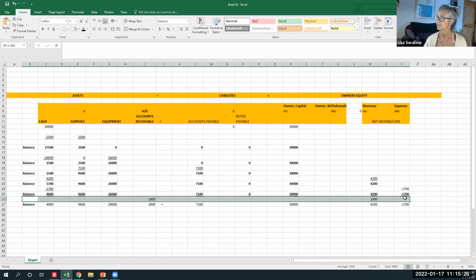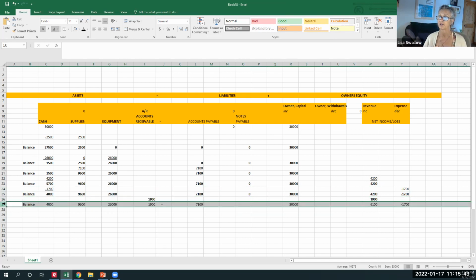And you can see here, I'm going to run my calculator over it, and I am still in balance with 41,500 on both sides of the accounting equation. So life is good.